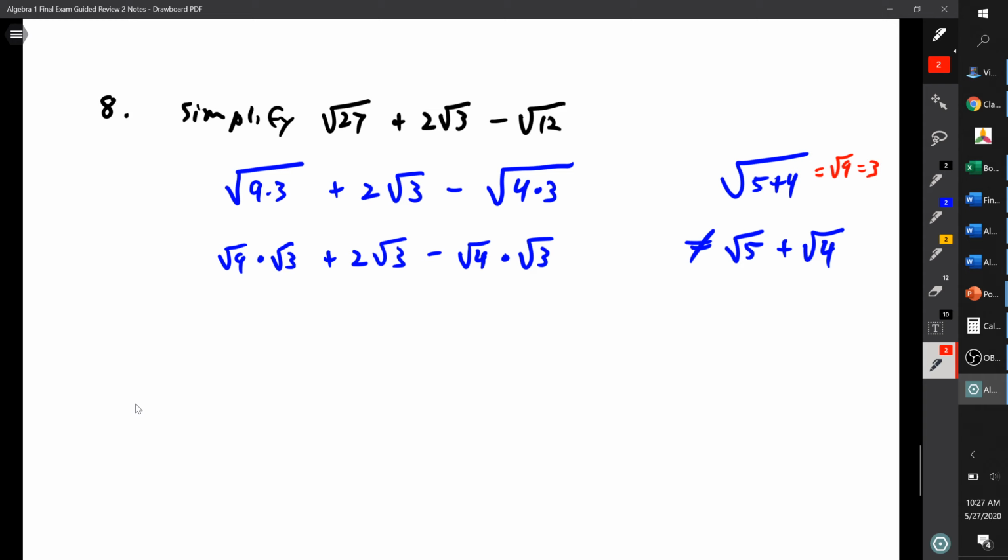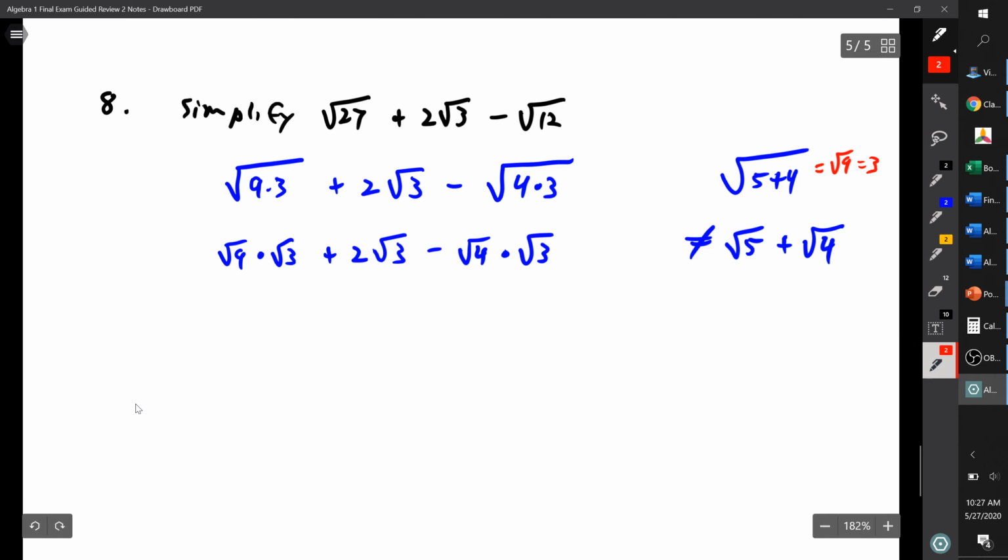It is like 2.236, and the decimals keep on going. So 2.236 dot dot dot plus, what's the square root of 4? 2. 2.236 plus 2 is not the same thing as 3. So we have changed what we're dealing with. So be careful to only split these into separate radicals if you are multiplying.